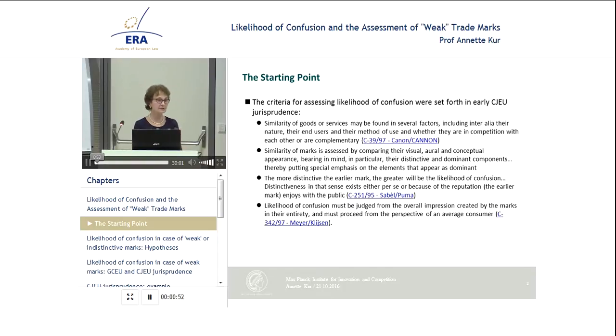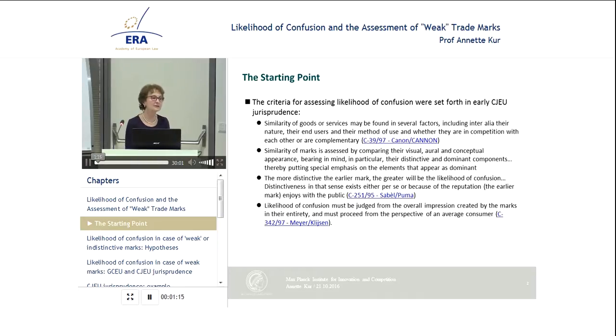Then the distinctive and dominant components need to be identified and compared, and the emphasis should always be on the elements that are dominant. And then we have the principle that the more distinctive the earlier mark is, the greater will be the likelihood of confusion.